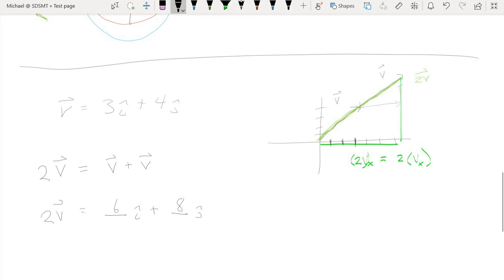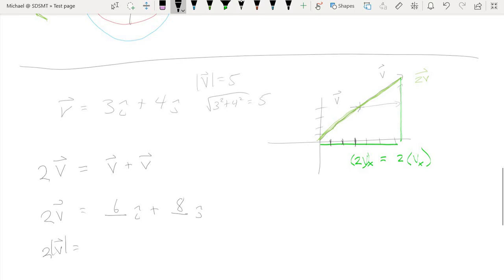Does that mean that 2 times the value of vector V means that we now get 2 times the magnitude of vector V? Well, vector V, as we said, had a magnitude of 5, square root of the sum of the squares, 3 squared plus 4 squared, square root equals 5.